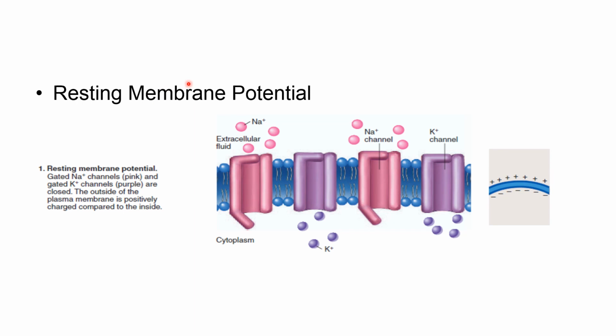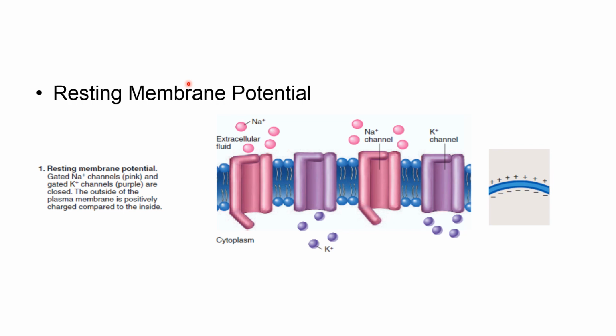So resting membrane potential, we said, is the difference in electrical charges inside the cell and outside the cell when the membrane is at rest. We know the charges that are contributing. We know there are differences in sodium and potassium. We saw that sodium is more concentrated outside and potassium is more concentrated inside.